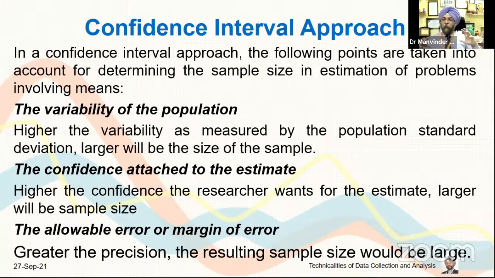When accuracy is there, the margin of error will be low, and your precision will be greater. Getting or not getting? So if the researcher is seeking greater precision, the sample size would be large. These are the three important things which one has to consider.